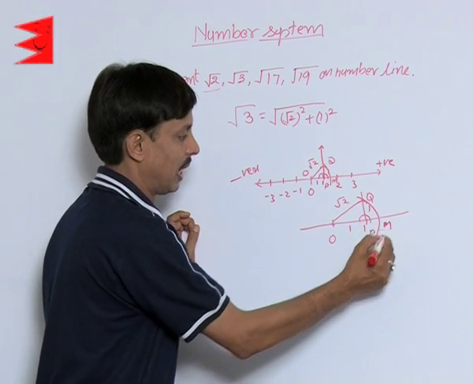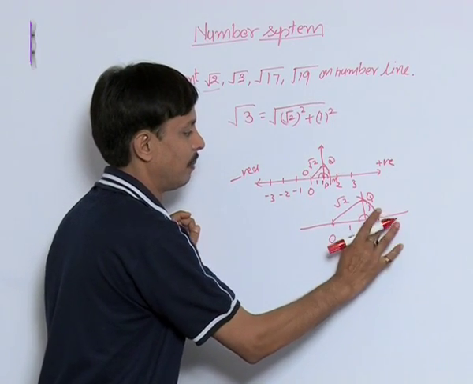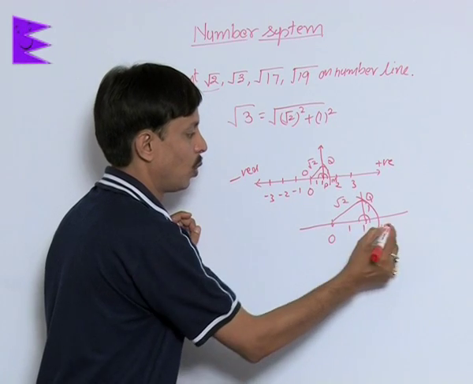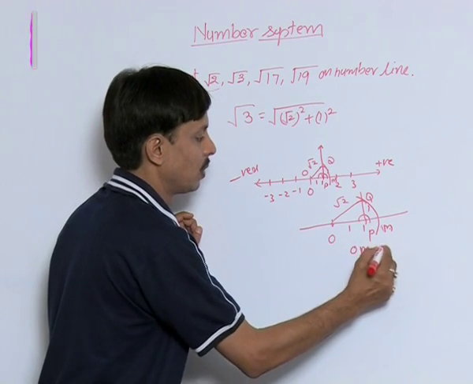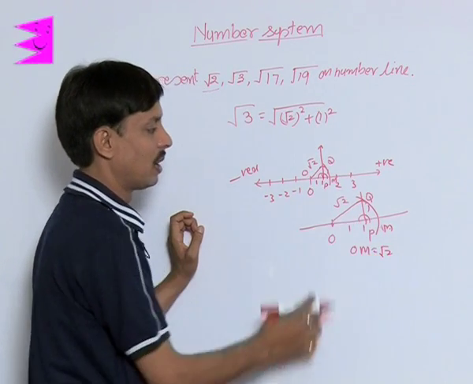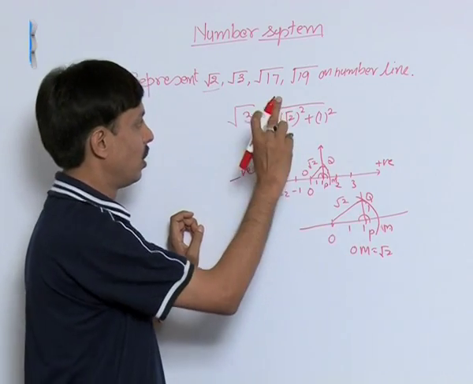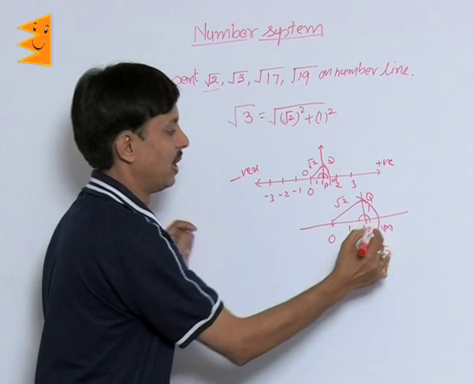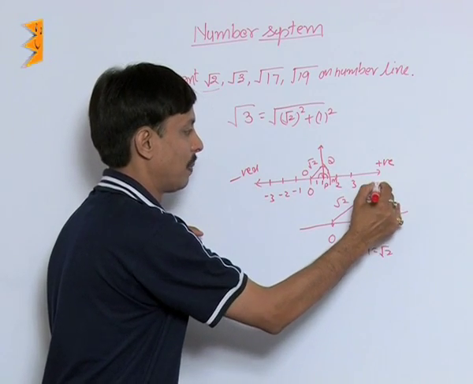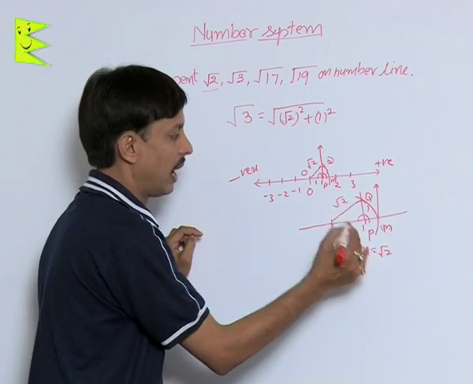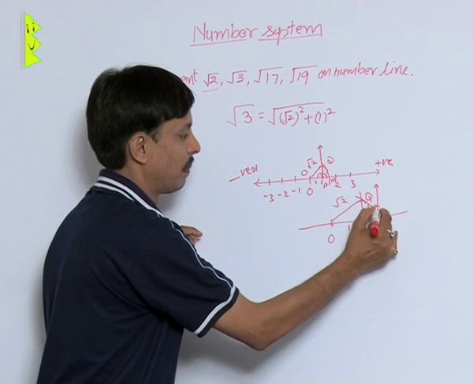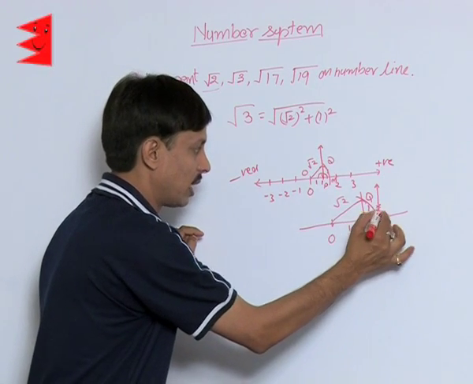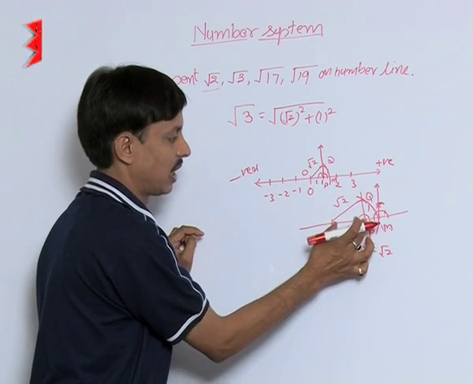This point is M, and OM becomes root 2. Now root 2 is the base and 1 unit is the perpendicular. On M, draw the perpendicular again, and after drawing it, cut it at 1 unit, exactly equal to OP.